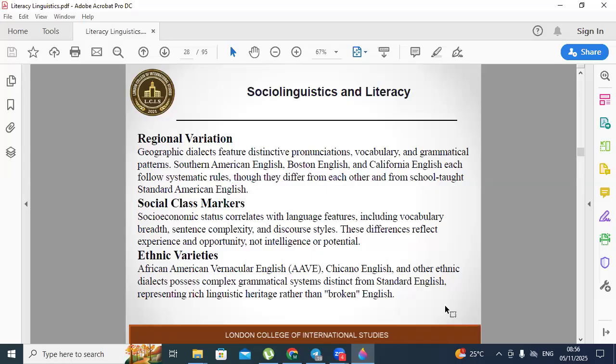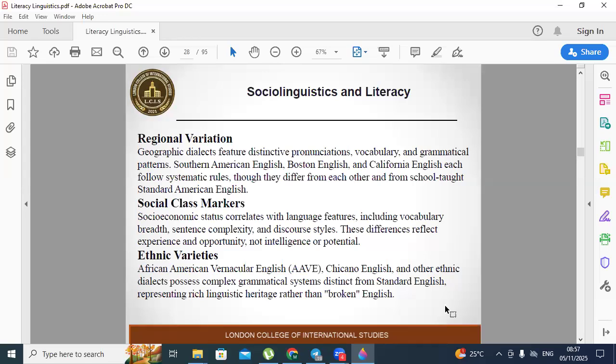Chicano English, spoken by many Latino Americans, includes distinctive phonological features, vocabulary borrowings from Spanish, and grammatical patterns influenced by Spanish but following English rules. These ethnic dialects represent rich linguistic heritage.